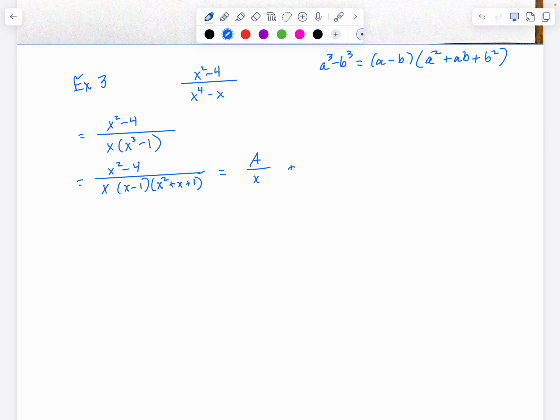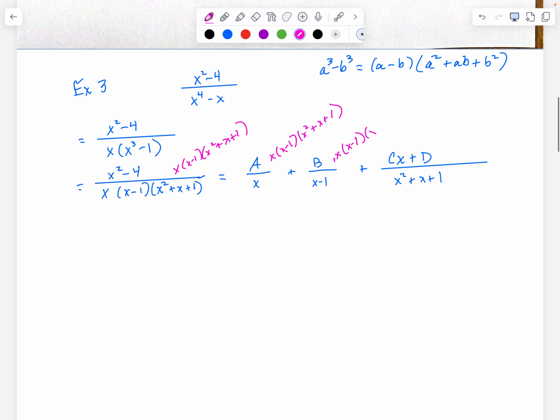And then I'm going to do the binomials first, and I need to distribute the cx. And then distribute the d. And collect like terms, take out the variable.